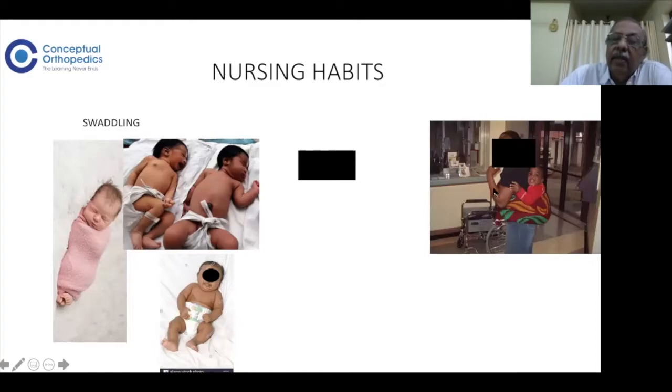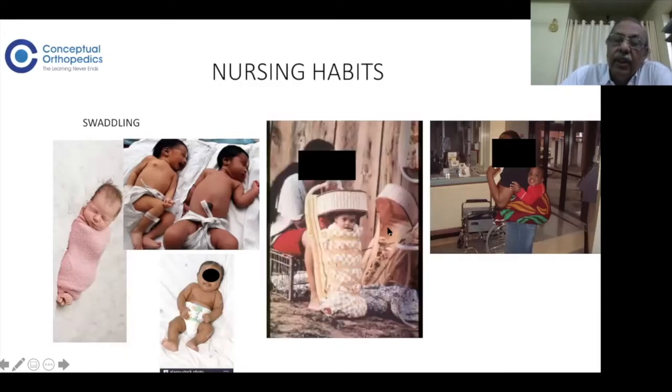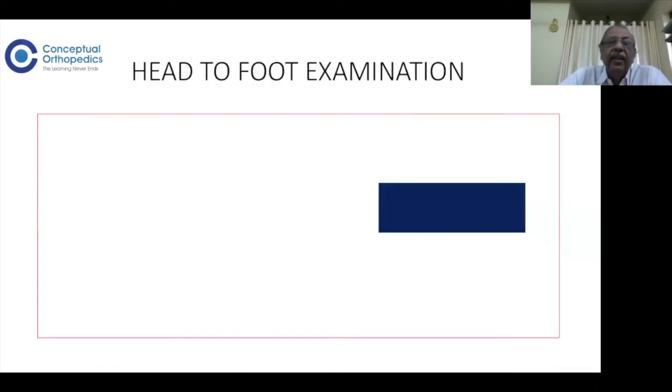This is the way the babies are carried in Africa. And in India, they are carried on their lap with the hip abducted and flexed. They are good positions. But nowadays, you can see this type of swaddling when the mothers take the children into the shopping complex and all. And this again increases the chance. So nursing habit is an important factor which increases the incidence of DDH.